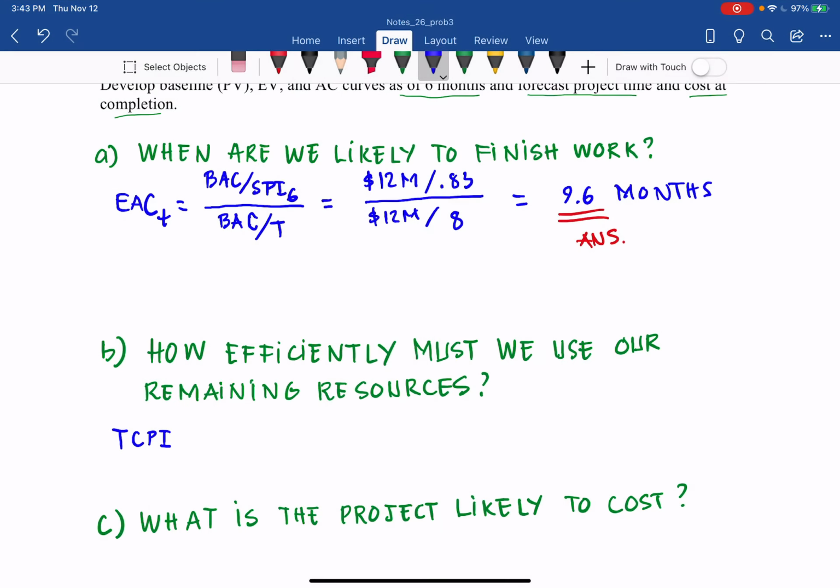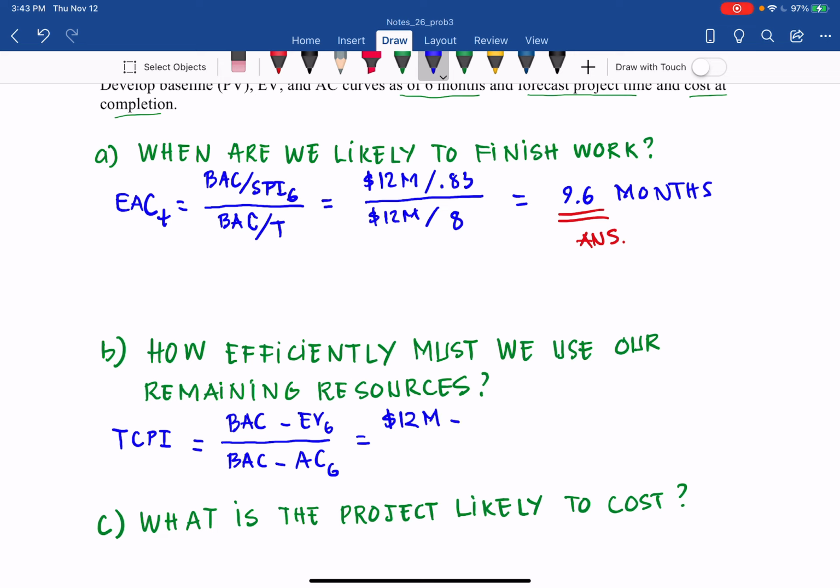So from there we have BAC at 6 months, so BAC minus EV 6, divided by BAC minus actual cost 6, so it will be 12 million.